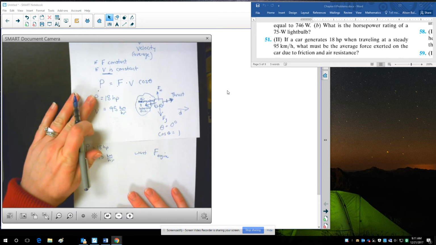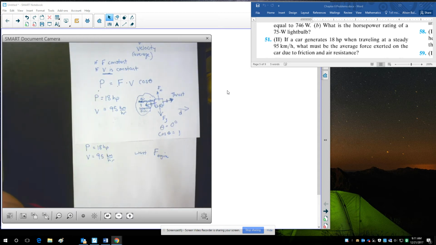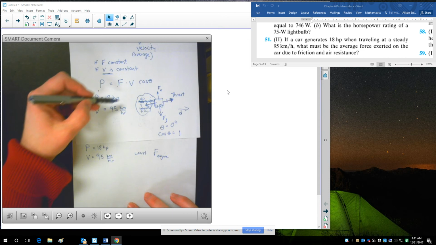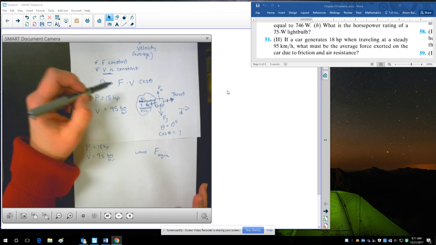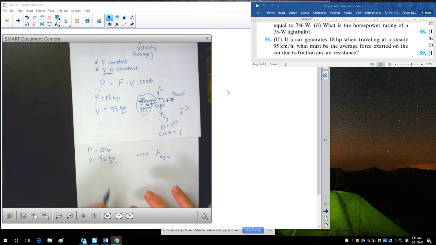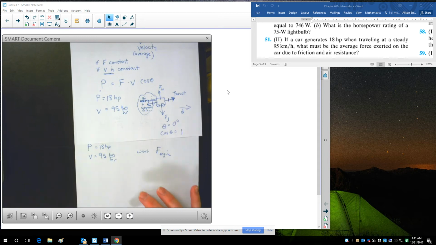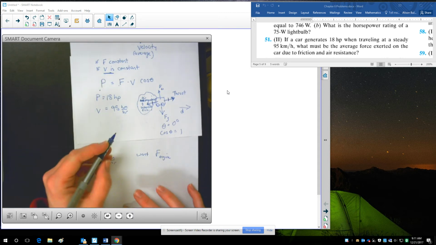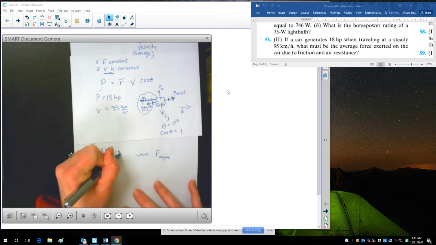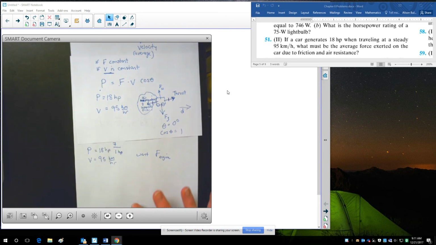So now I have a little issue of units, because this all works out to watts, newtons, and meters per second, but none of this is in the right units. So I Googled it, and 1 HP is equal to 745.7 watts.